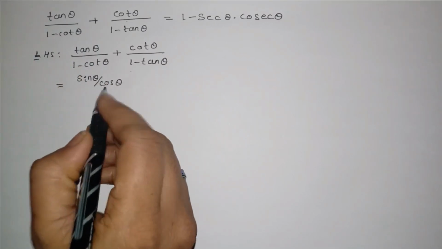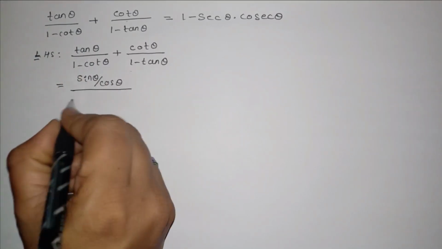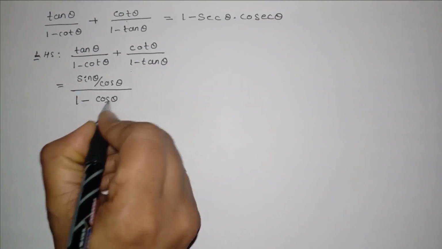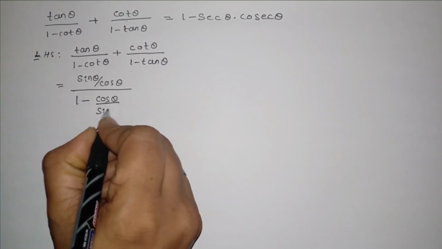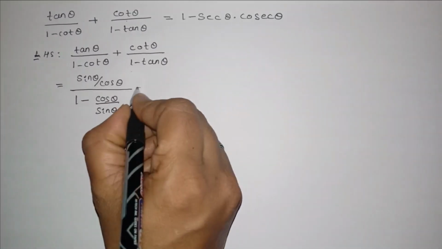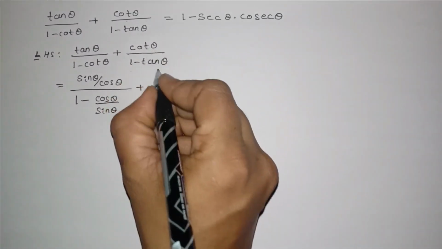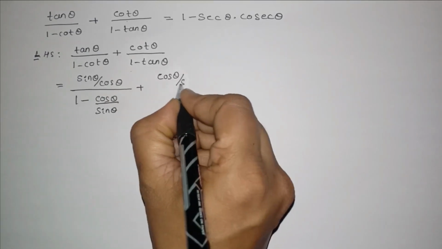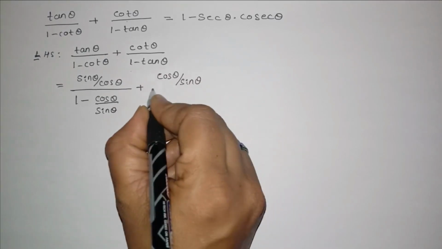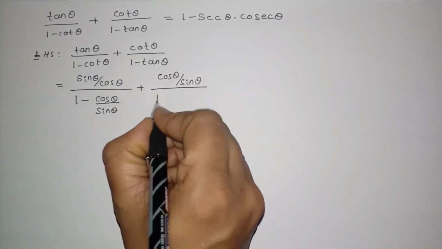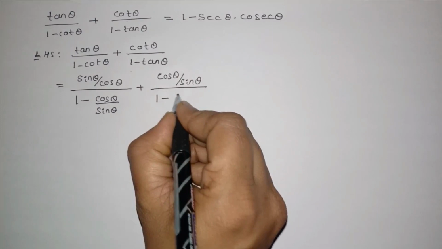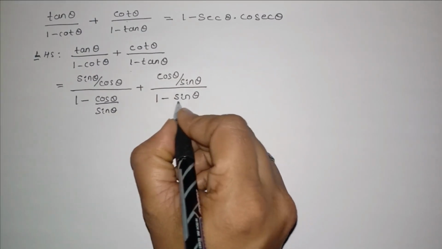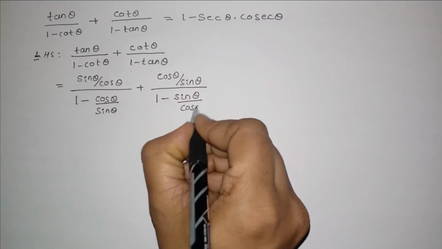So sin by cos divided by 1 minus cot, which is cos theta by sin theta, plus cot, cos theta by sin theta, divided by 1 minus tan, which is sin theta by cos theta.